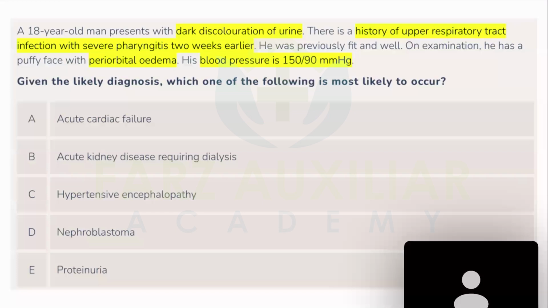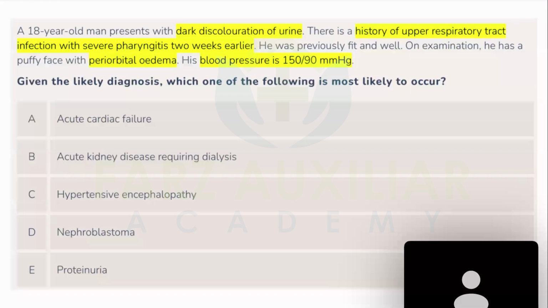Suppose the patient has an upper respiratory tract infection, and after that the patient develops a kidney injury resulting in proteinuria, hematuria, rising creatinine, edema, anything. The gap between the respiratory tract infection and the kidney problem is what you need to find out.